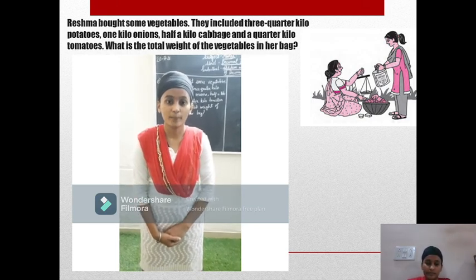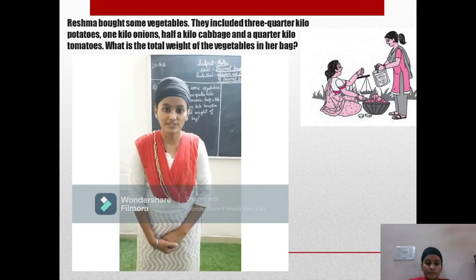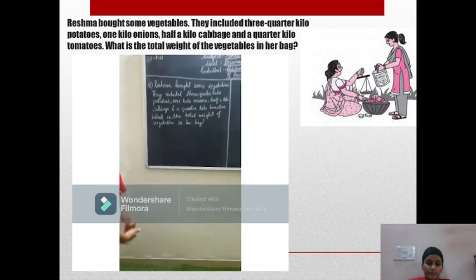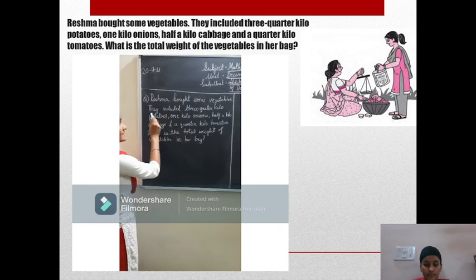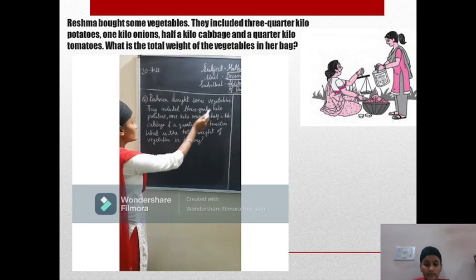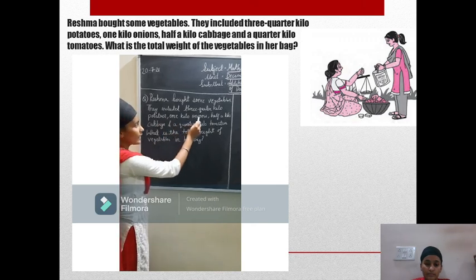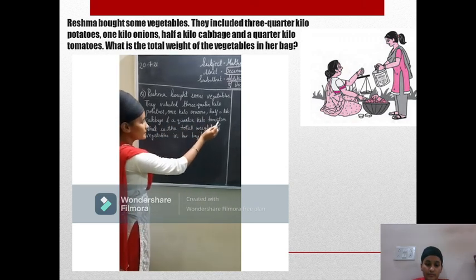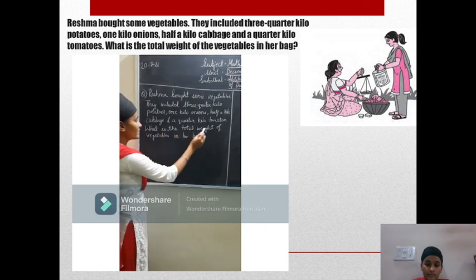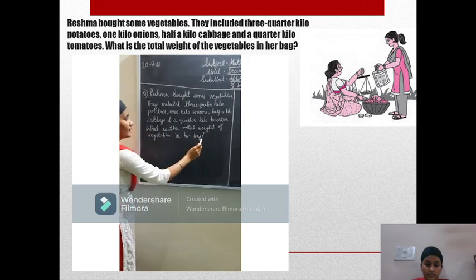Now let us see a problem based on decimal fraction, students. Reshma bought some vegetables. They included 3/4 kilo potatoes, 1 kilo onions, half a kilo cabbage, and a 1/4 kilo tomatoes. What is the total weight of vegetables in her bag?